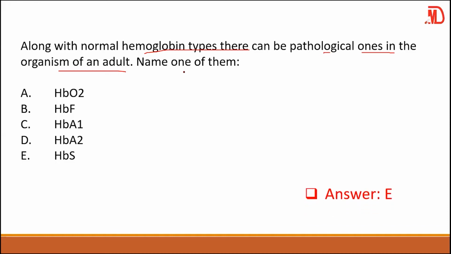Don't forget, we also have what we call thalassemias. In thalassemia, the beta chains and the alpha chains are the problem. But this question is not relating to thalassemia, okay?